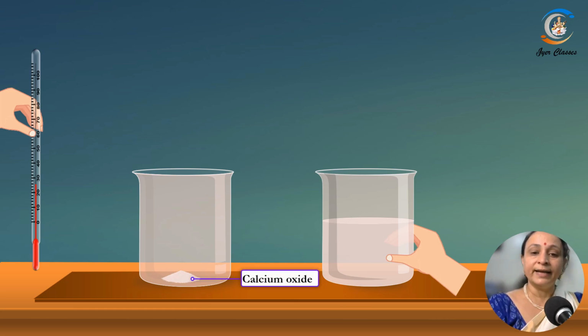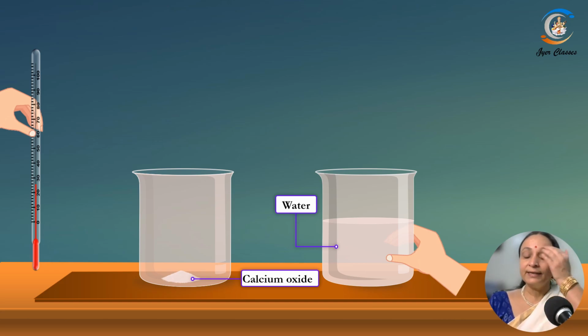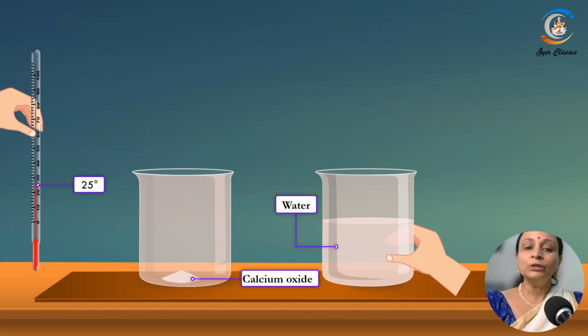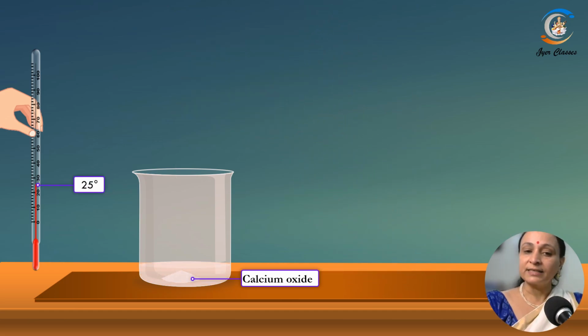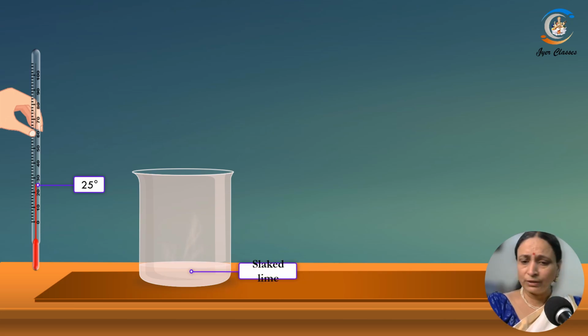Now, the next is the reaction of calcium oxide. चूना होता है ना? Simple calcium oxide is quicklime. The common name is quicklime. Now I'm going to add water to this calcium oxide, the quicklime, and the temperature is just 25 degrees, the normal room temperature.